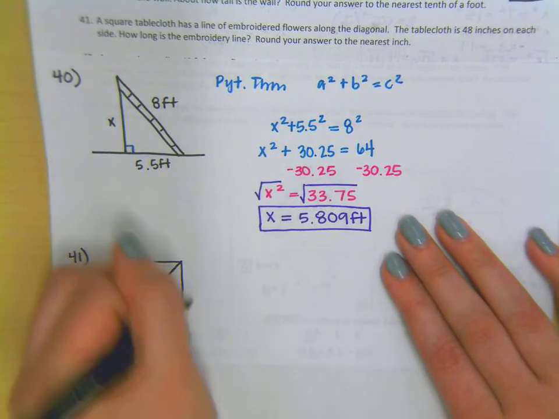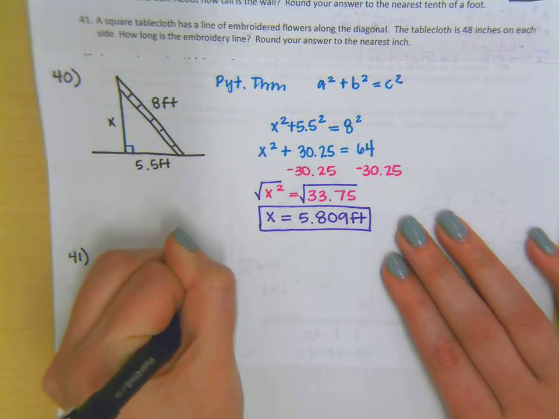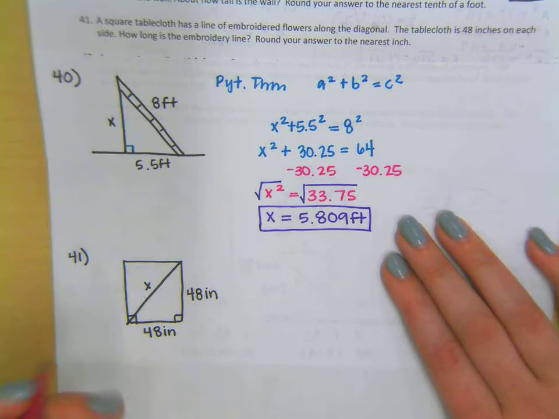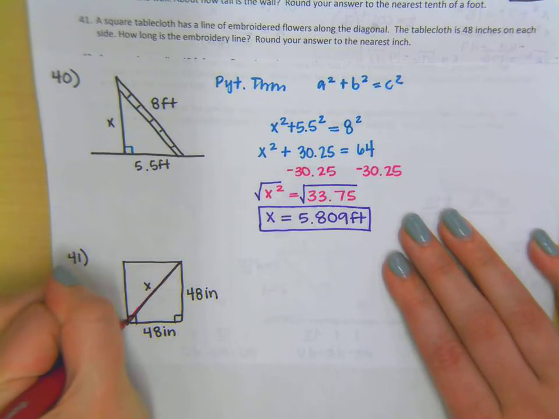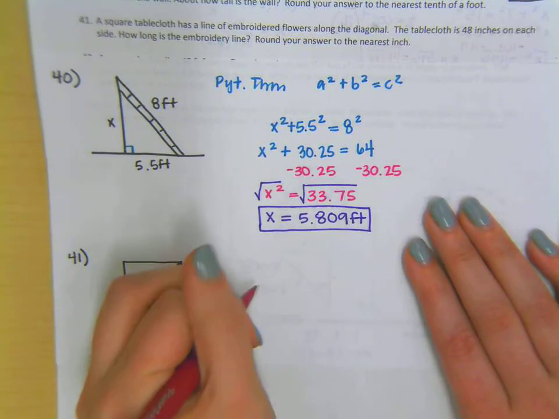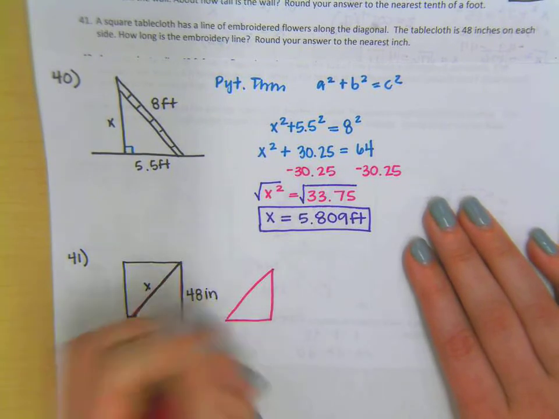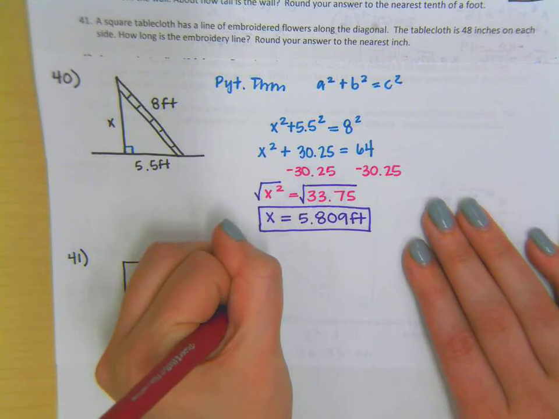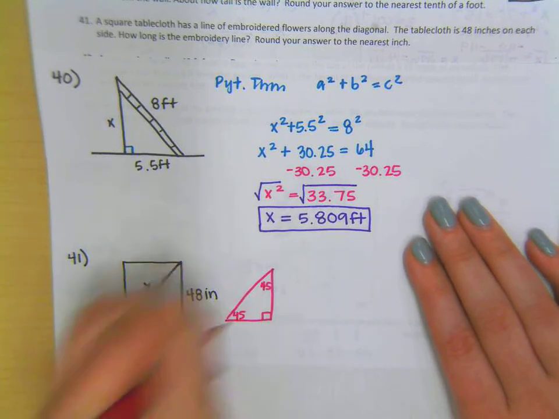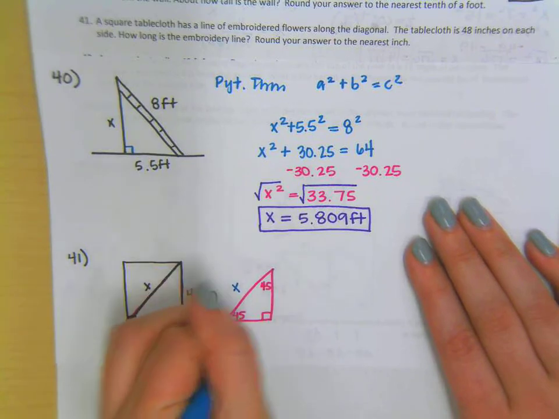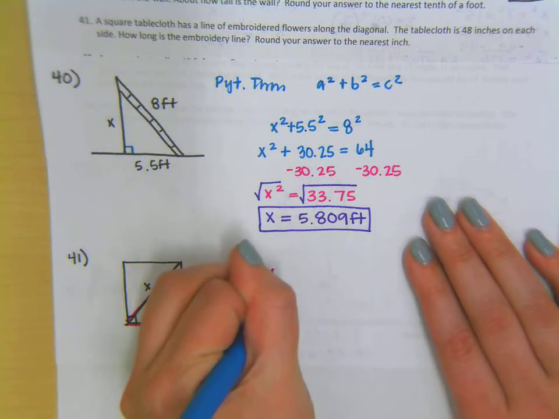So since we know that this is 48 inches also, and we know that all of the angles are 90. So that means if we split this in half to get that diagonal, we can bring out a triangle. Actually it's going to be a 45-45-90 triangle. We're looking for x, and we know that our sides are 48 inches.